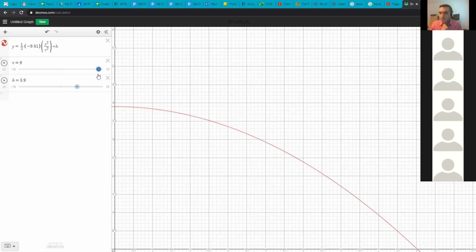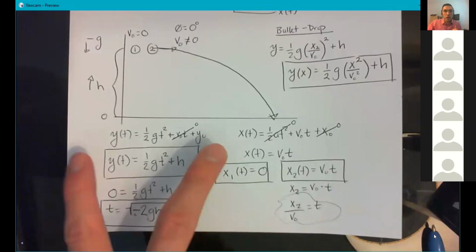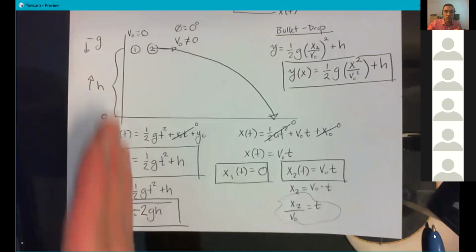Okay, so quick recap. Whenever you have perpendicular dimensions, any two directions which are 90 degrees to each other, they do not affect each other. And because of that, you can set up their equations independently, which is exactly what we did. We got one equation for y, because we know that there's gravity this way.